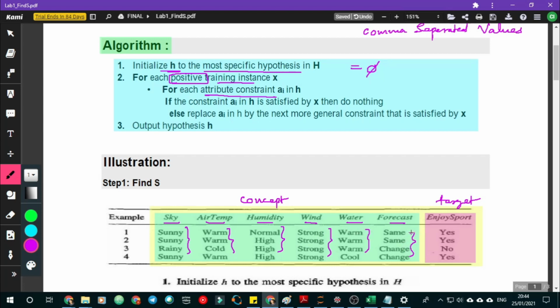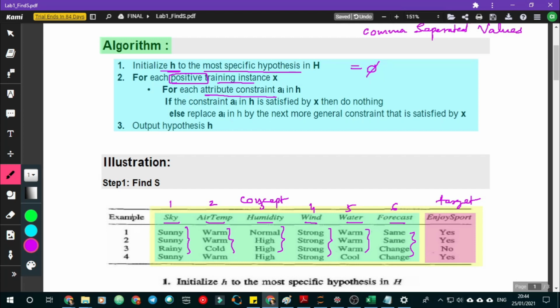And this is regarding the column, right? This is related to the column attribute. This is related to the sky attribute, this is related to the air temperature attribute, and humidity, and wind, and water, and forecast. So how many? 1 2 3 4 5 6 different attributes.